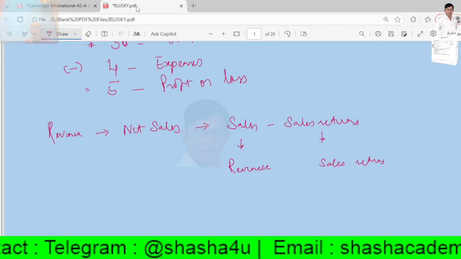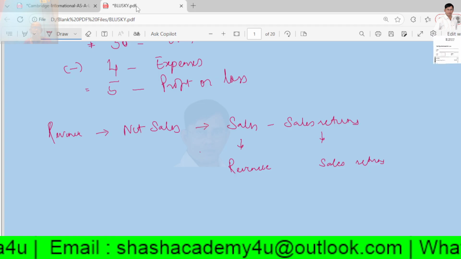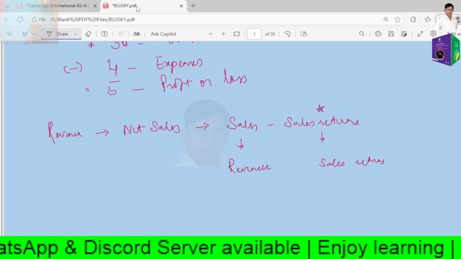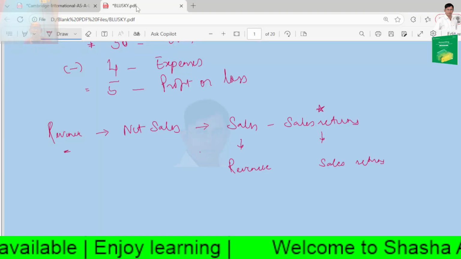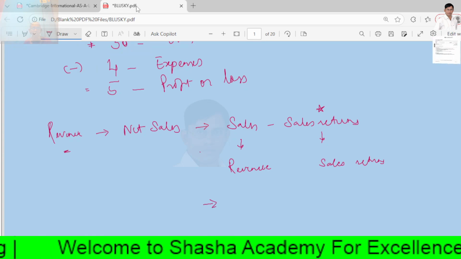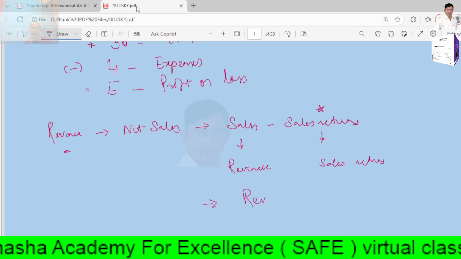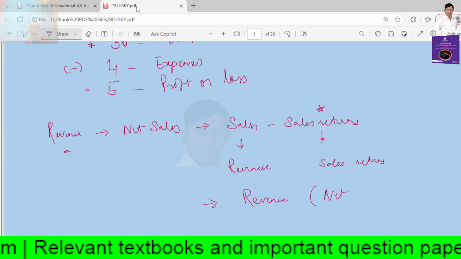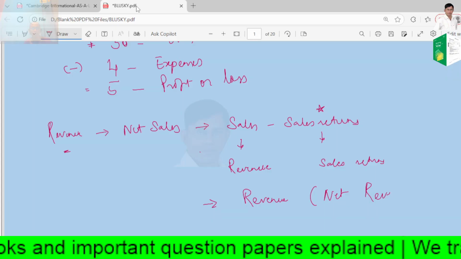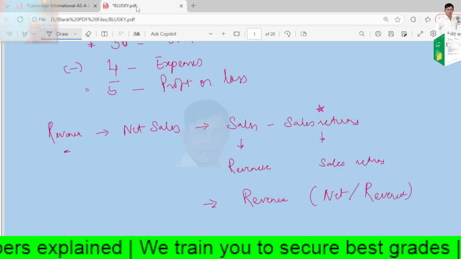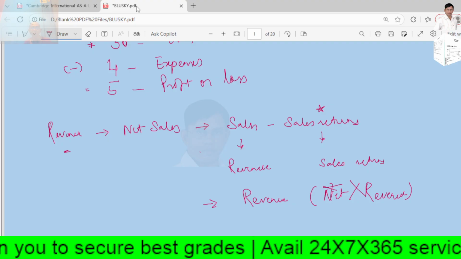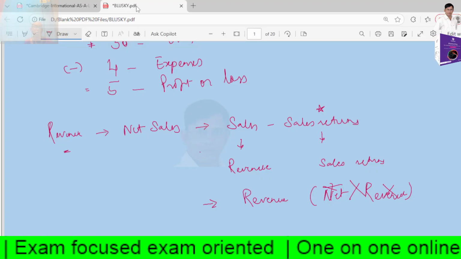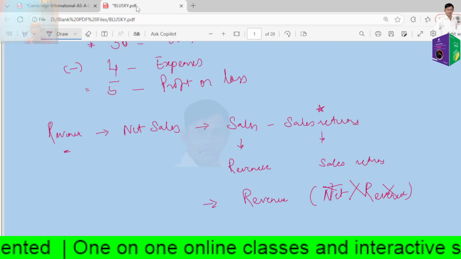If they give sales or revenue, it is one and the same, but by default you have to subtract sales returns, and that is called revenue. Revenue is always revenue only. There is nothing like net revenue. Net sales is nothing but sales minus sales returns.